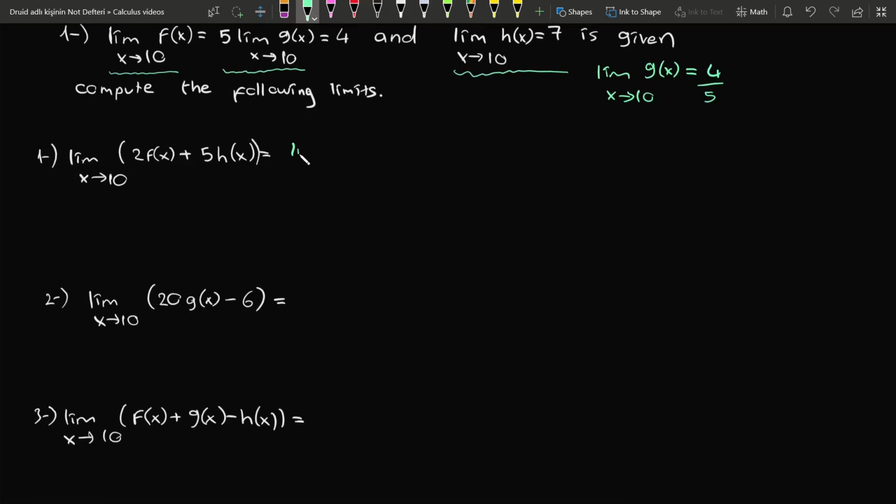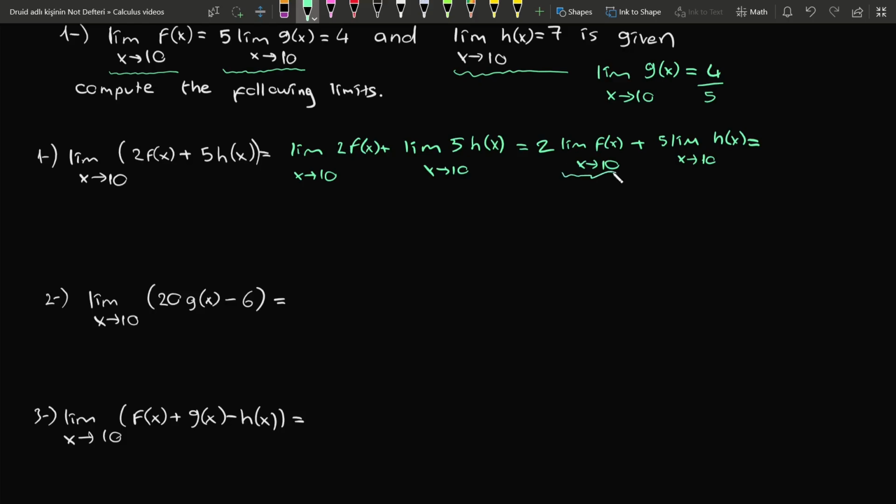So first I want to write this as 2f(x) plus 5h(x). I'm basically separating the limits. I know that I can do these by the rules that I learned. And now I know that I can put the 2 and 5 outside of it as well. So I can say that this is equal to this.